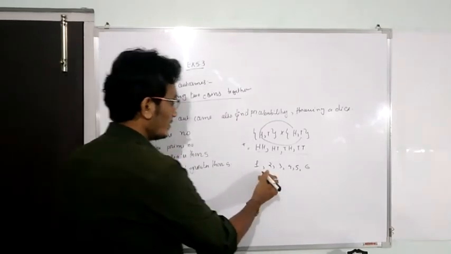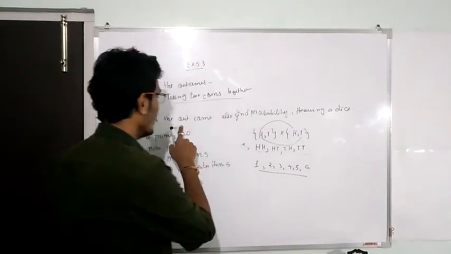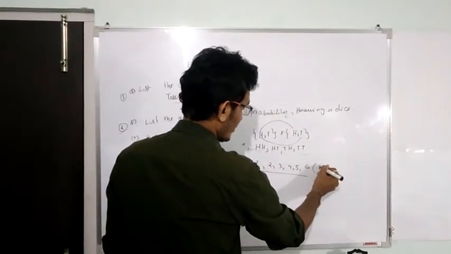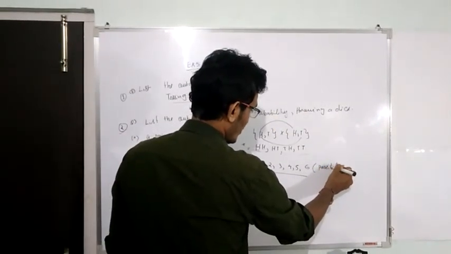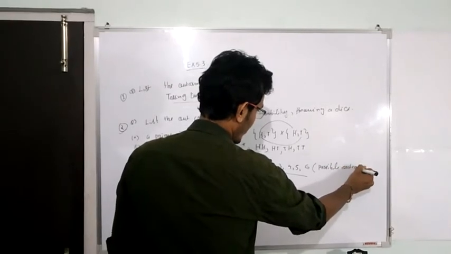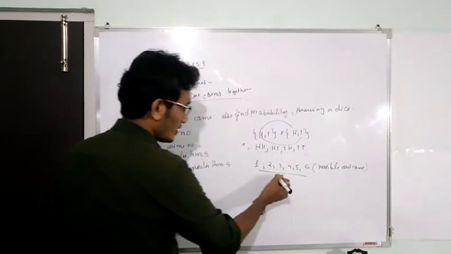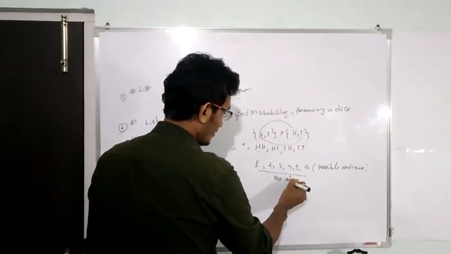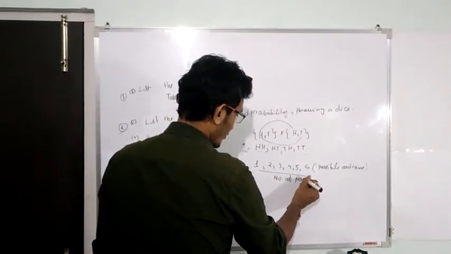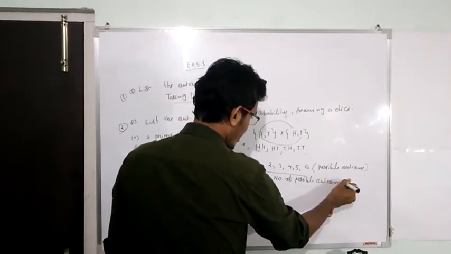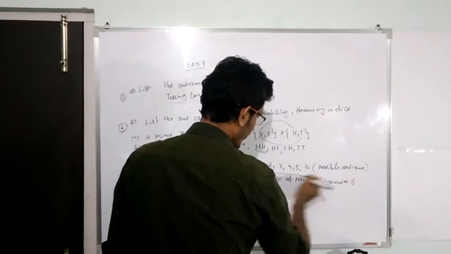So these are the possible outcomes we will get in throwing a dice. There are 6 possible outcomes. So the number of possible outcomes will be 6, because there are 6 numbers.